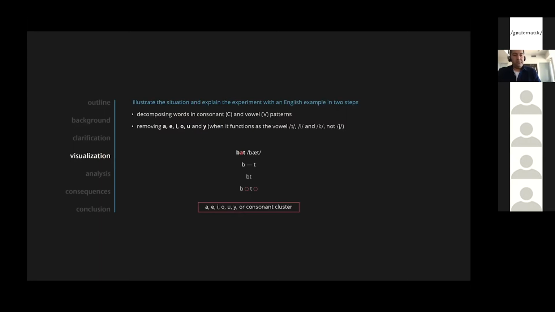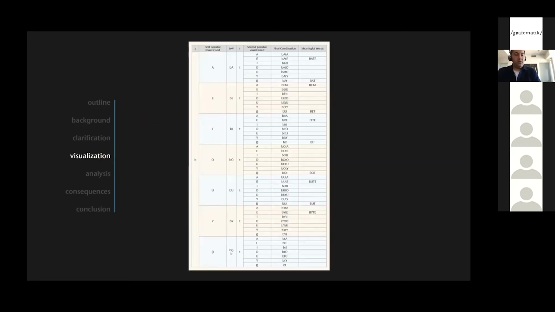Here I will use the simple words bat and former for the experiment. Bat is a word composed of three graphemes, B, A, and T. By removing A from the word, we have this structure, B and T. As shown in this chart, here I try to construct all possible compositions by adding any of the six vowels I just mentioned, or skipping to add any letter, possibly having a consonant cluster in the middle of some words, or having a consonant digraph.